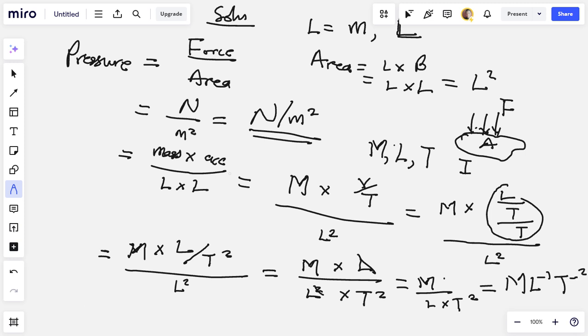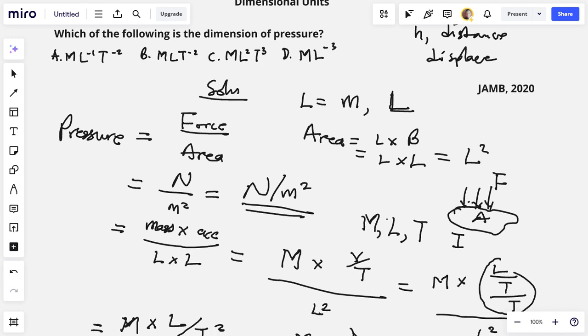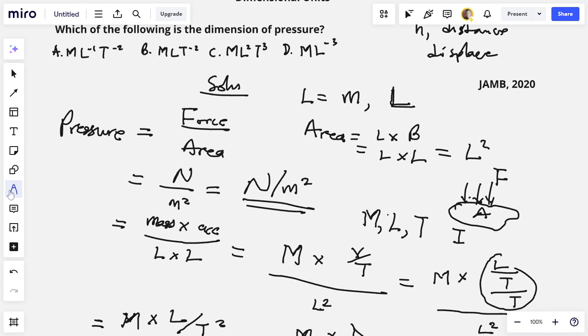So the dimensional unit of pressure equals M L minus 1 t minus 2. So what option is that? Option A. Thank you.